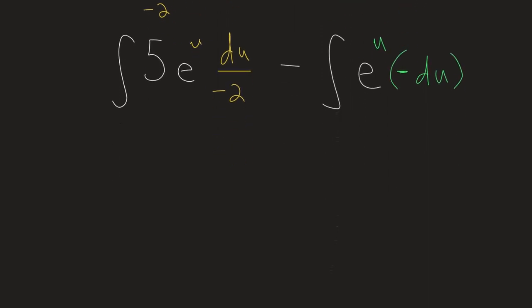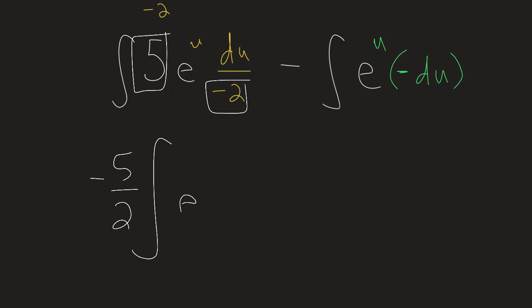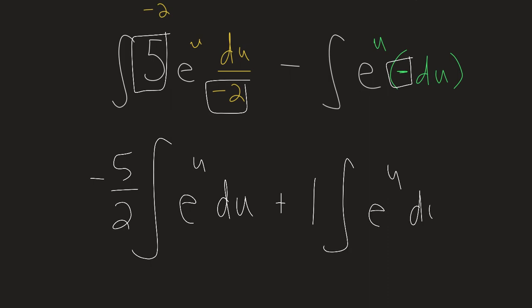Okay, so let's see, what do we have? I have a 5 and I have a negative 2, so I can pull that negative 5/2 outside of my integral and just have e to the u du. I can pull this negative 1 out, making this a plus 1 integral of e to the u du.